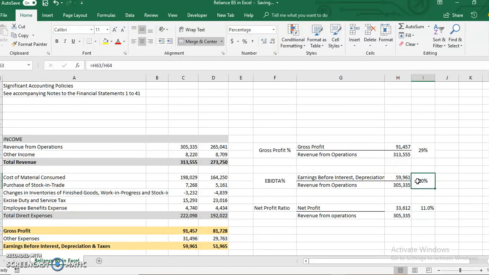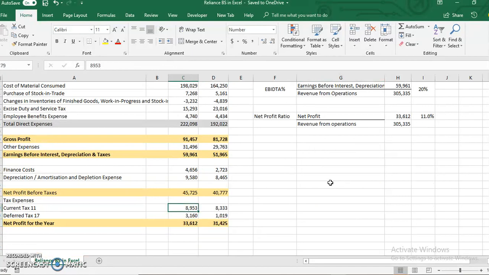Now why is it higher? Because of the depreciation. EBITDA is mostly used for comparing between two different companies, because as we learned earlier, if the asset base is different between companies, then their depreciation will be different. If the company has no finance, no debt, then the interest will be zero.